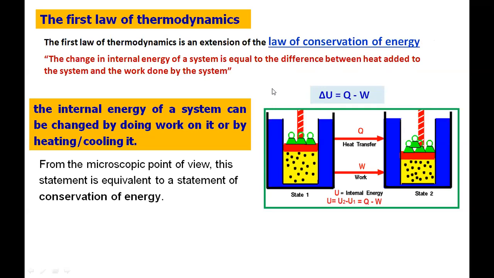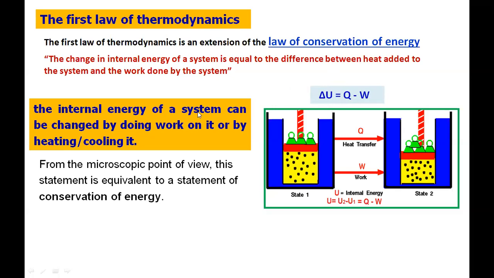إذن هي عبارة عن ال change of internal energy delta U. So the difference between heat added to the system and work done by the system.